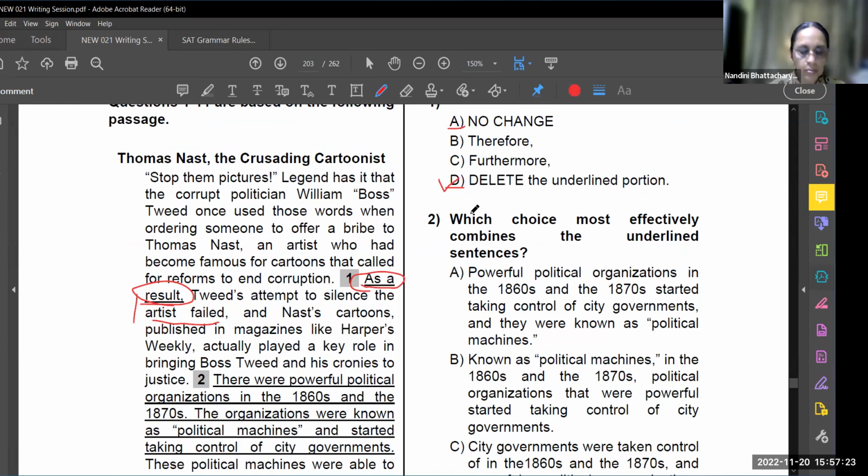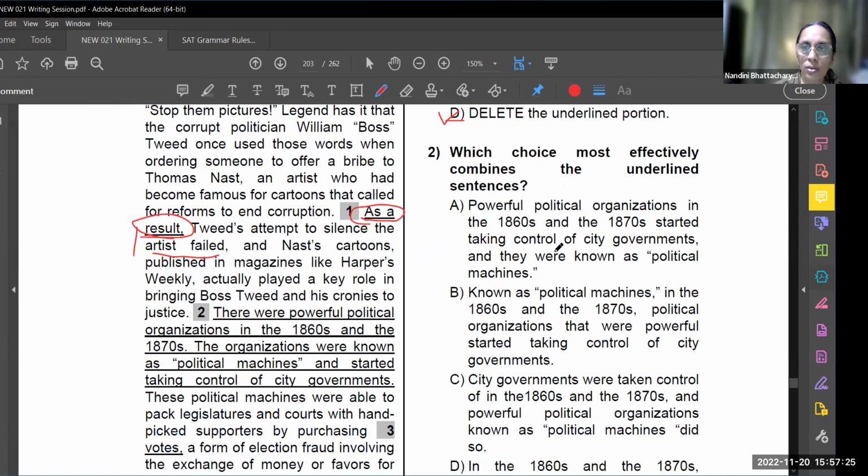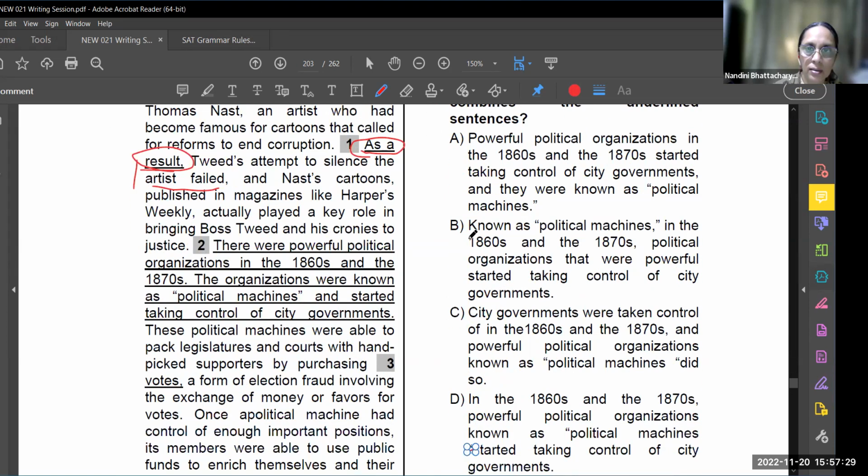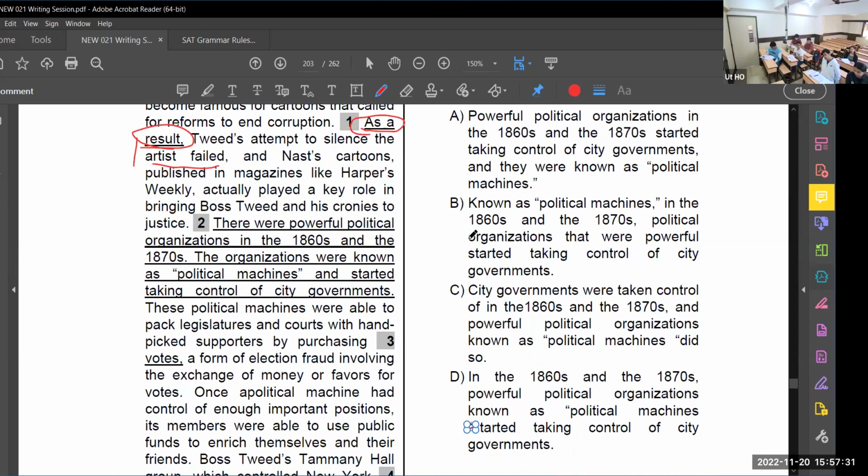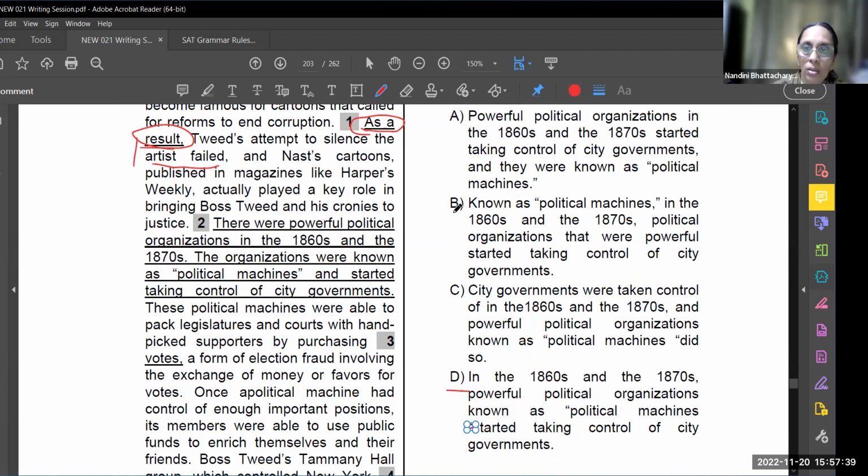Right? Okay. Now coming to number 2, which choice most effectively combines the sentences? B or D? D. Who said B for ball? Anyone with B? No. Okay.